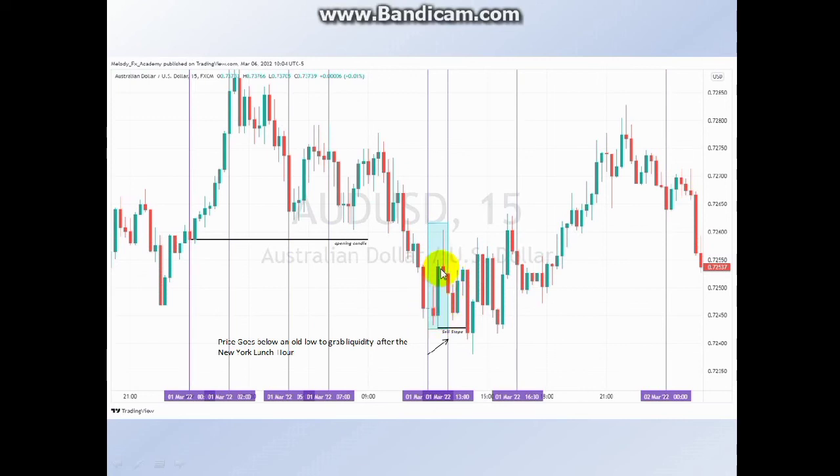Then immediately after 1 o'clock in the afternoon, look at what happened. Price created a support level here, created another one. This is a swing low. Okay, and this is another swing low, and price dropped down aggressively.